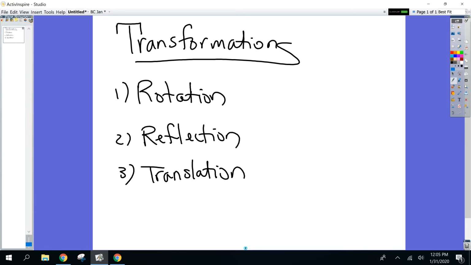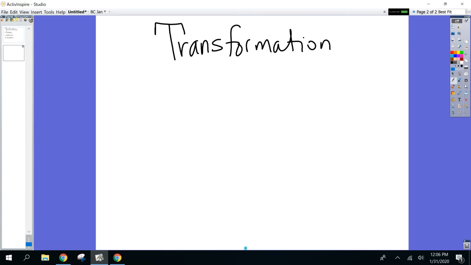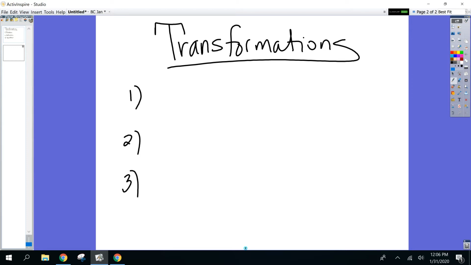Couple units ago, when we started learning about triangles being congruent, we talked about three transformations that, when applied to triangles, keep them congruent. Rotations was one. That will not change the size or shape.